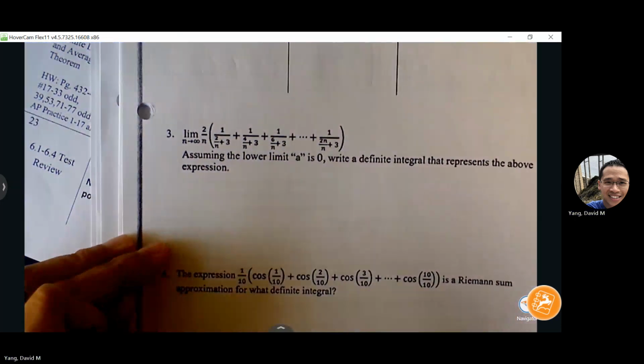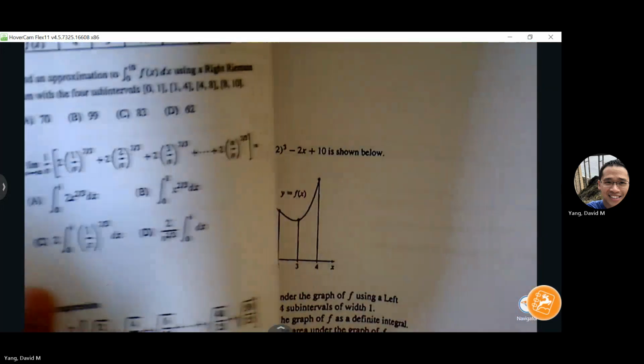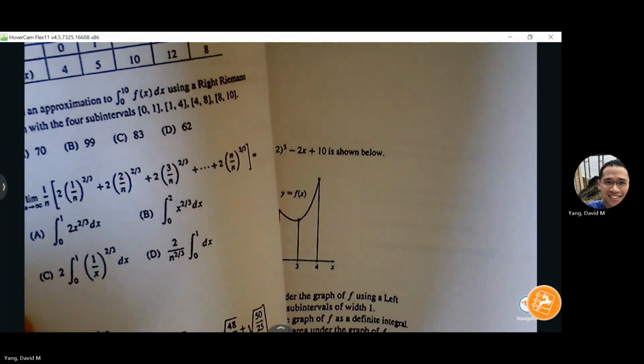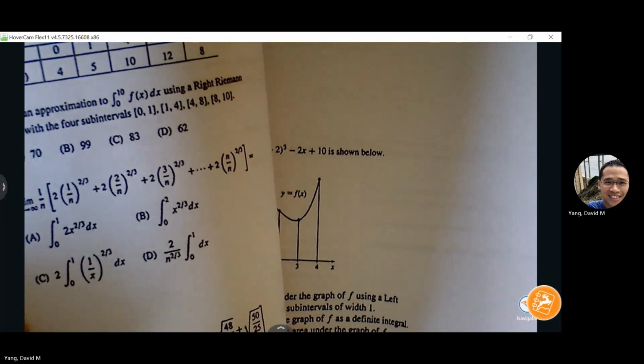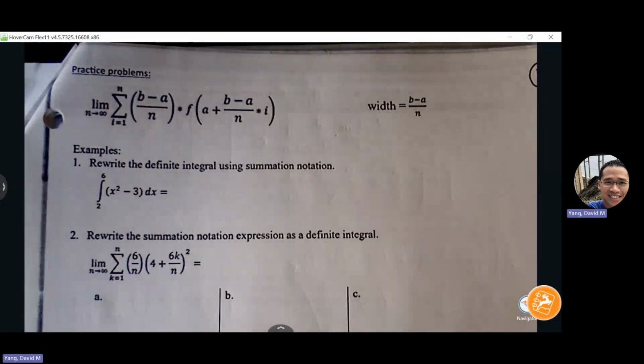Okay, next page here. So when writing it out, I can just ignore the other terms, because we always take the ratio of the highest degree?